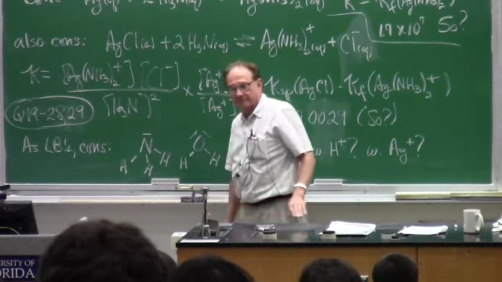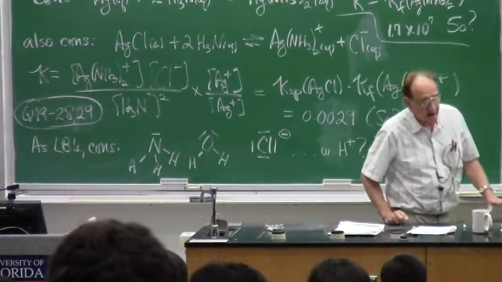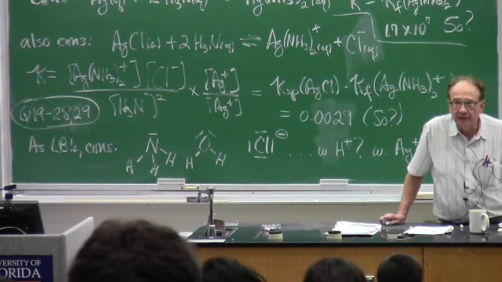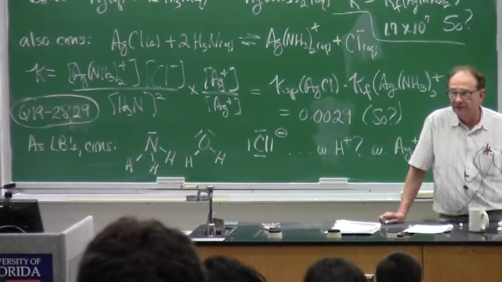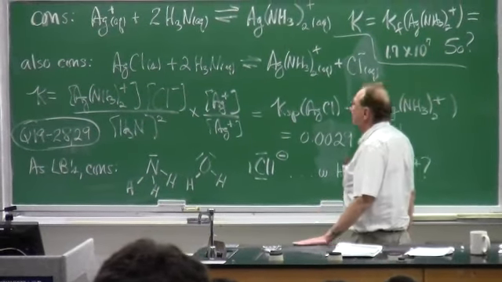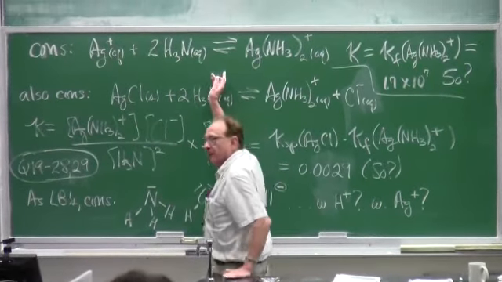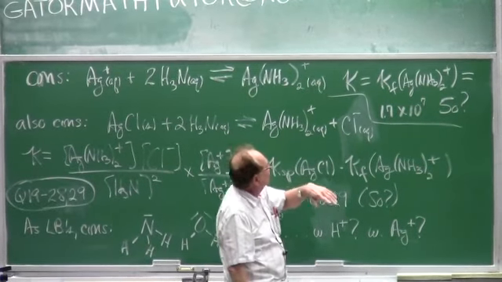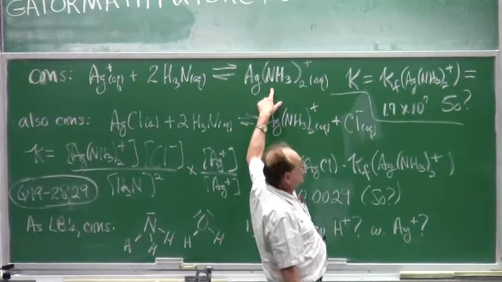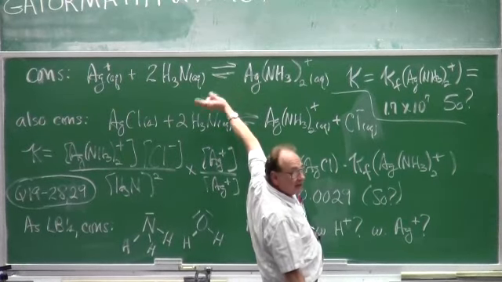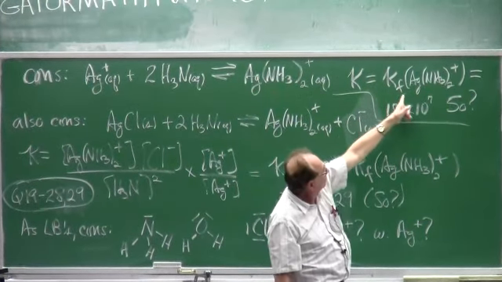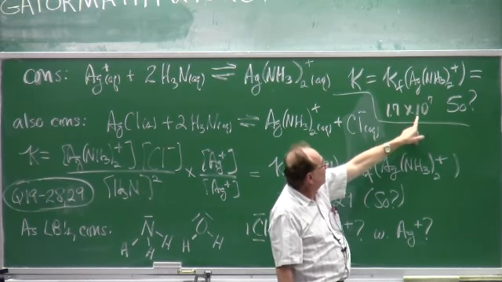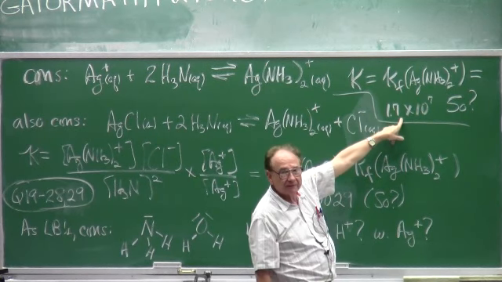What we're going to look at in regard to forming a complex ion, and then seeing how a salt of limited solubility of the metal ion in this complex can be rendered soluble, is the complexation of silver ion with ammonia molecules to make the silver ammonia complex ion. For this equilibrium, as it is written, which stands for the formation of the complex ion from its component species, K is Kf, the formation constant for the silver ammonia complex ion, and has the value 1.7 times 10 to the 7th.